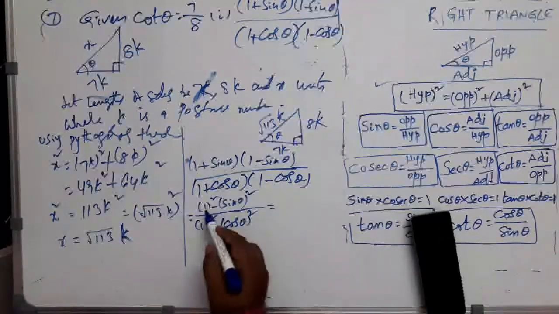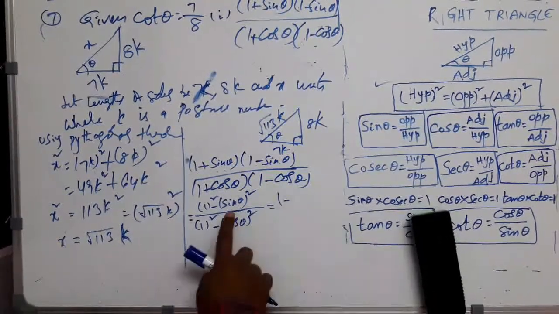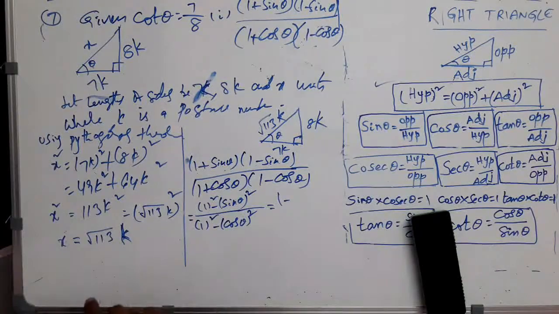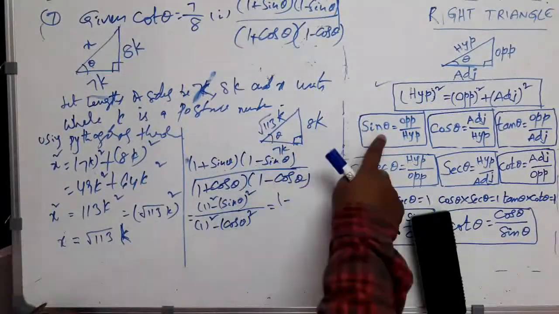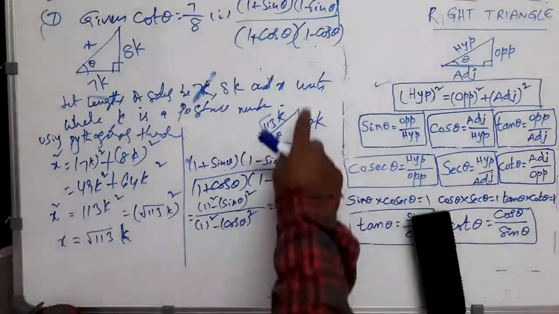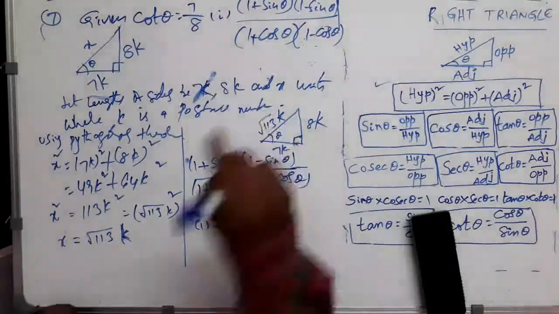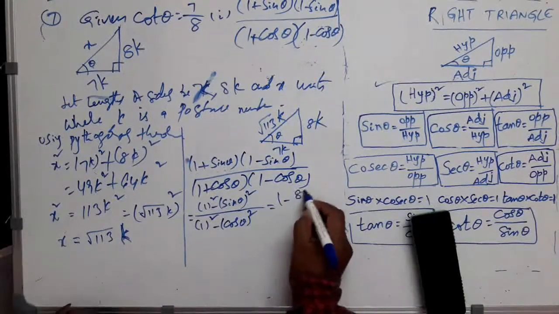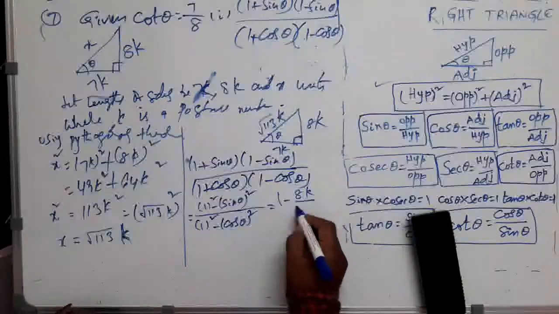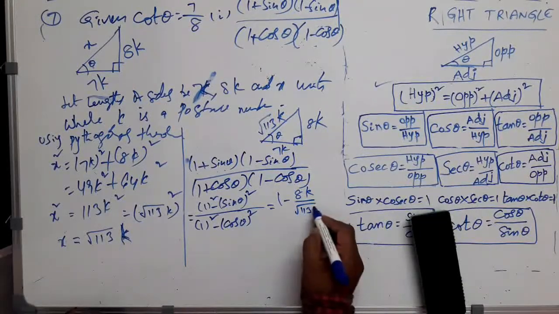Let us now write the values. 1 square is 1, minus sine theta whole square. What is sine theta? From this triangle, this is theta. Sine theta is opposite by hypotenuse. So this is 8k divided by root 113k.